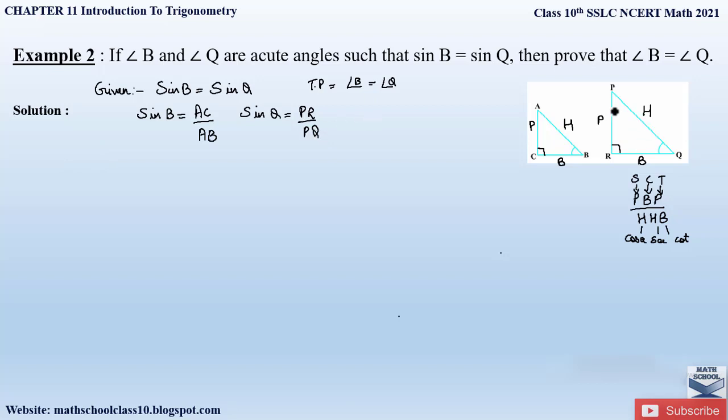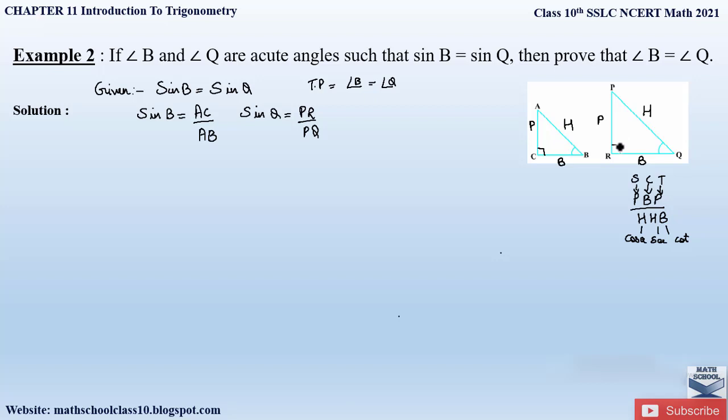Now since we have to prove that angle B is equal to angle Q, how can we do that? We can prove that by proving the triangles to either be congruent or similar triangles. Here the triangles cannot be congruent because congruent triangles should have the same shape and same size. But here you can observe that the size of both the triangles is not the same.